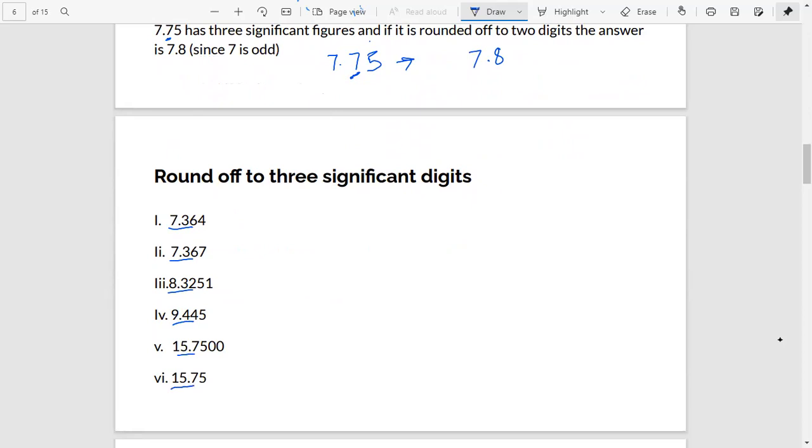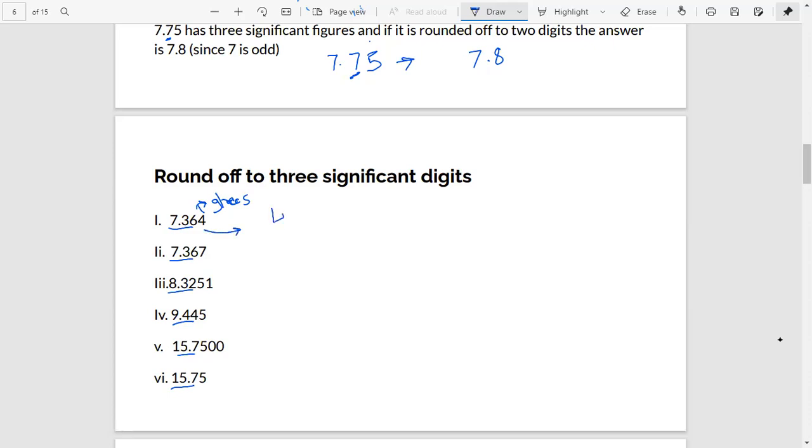The first is a case. What is the rule number 1? If this last digit is less than 5, then this 4 is less than 5, right?